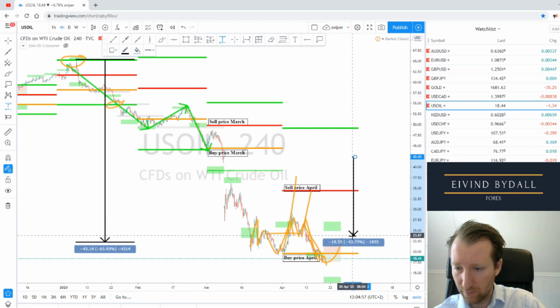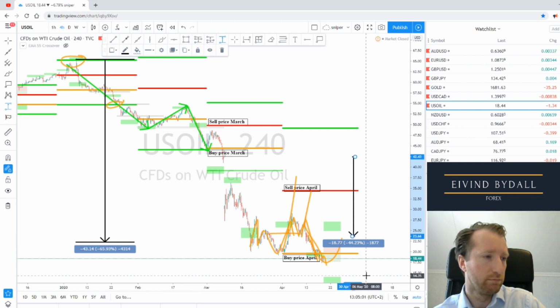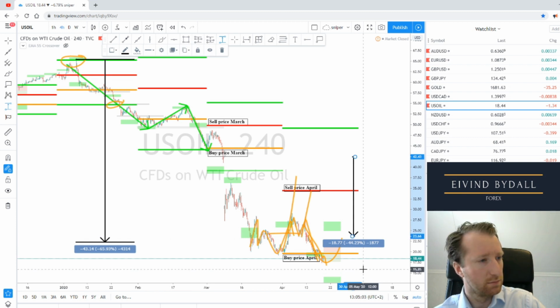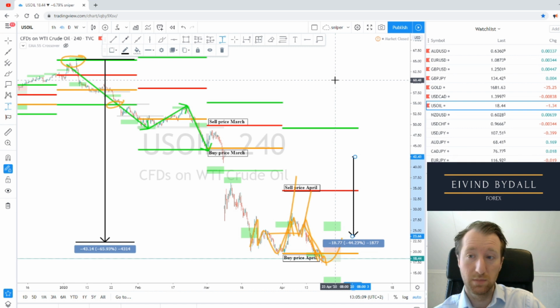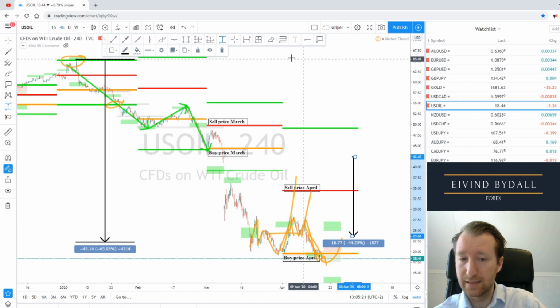Isn't that a better deal instead of going towards zero? And then we're going back to 60 at some point. So that's a $40 difference. So for me, that's where we're heading at least. So I would say wait for it to turn around. It hasn't yet.